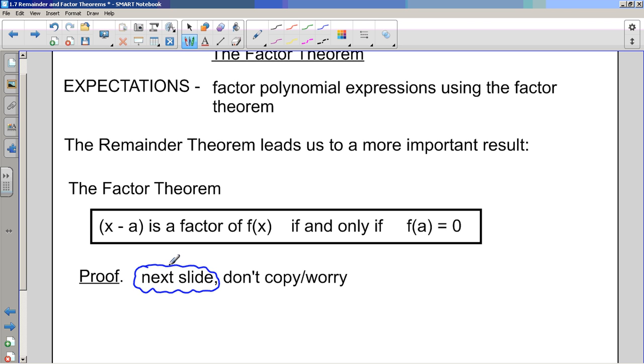Again, you're not going to be responsible for reproducing the factor theorem proof, but it's good for your math soul, especially if you know you've got more coming next fall in university. So this is going to be part 3. The proof of the factor theorem will be in a separate video. We're going to just go on and use it though.